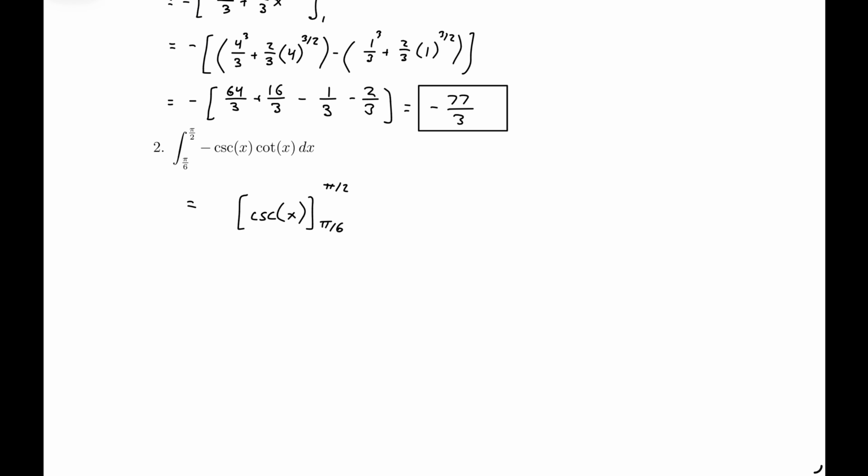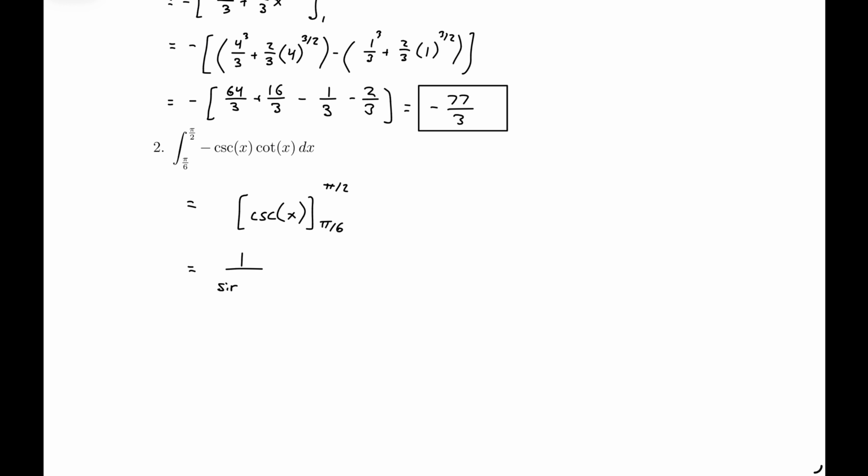Or sorry, I said it's the derivative. Yes. The derivative of cosecant of x is negative cosecant of x times cotangent of x. So the antiderivative of negative cosecant of x times cotangent of x is cosecant of x. And I know that cosecant of x is the same as 1 over sine of x.